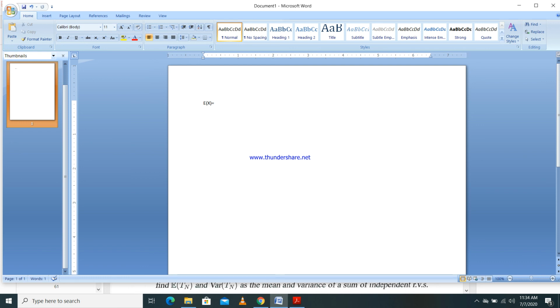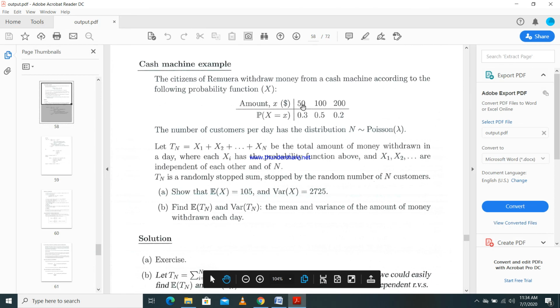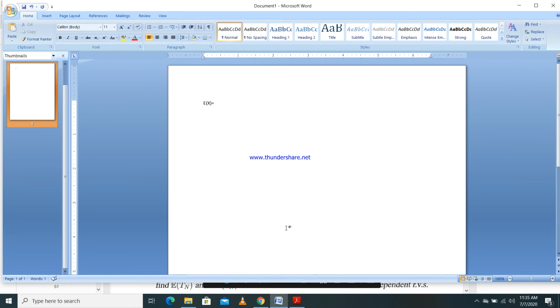So the expected value of x, now if you look at the values of x, we are given three values. So x is a discrete random variable. So if you are going to calculate the expectation, you have to take the value, multiply that with its probability, that is 50 by 0.3, 100 by 0.5, 200 by 0.2, and then take the summation of all the terms. So I'm going to do that.